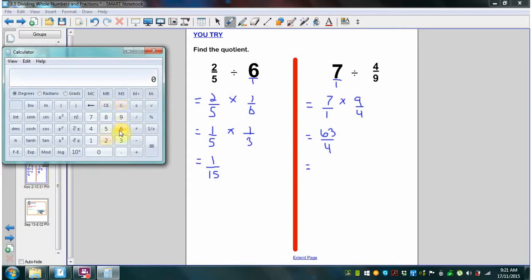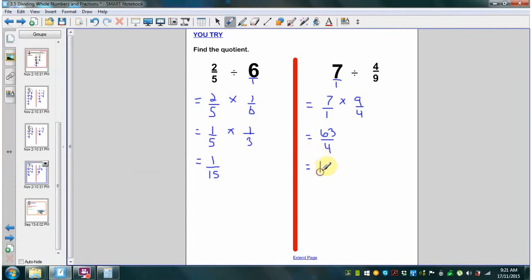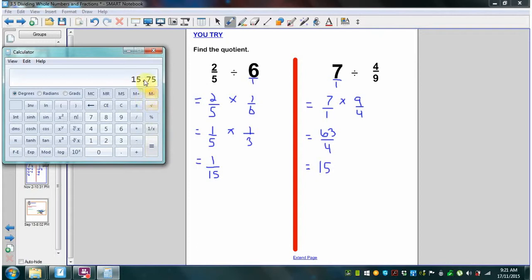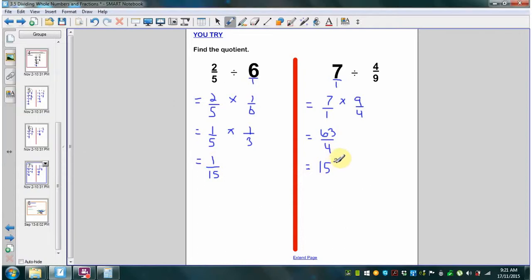Okay, so I'm going to say 63 divided by 4. So 15. Okay, so there's 15 and some left over. Okay, so let's see what 15 times 4 is. 15 times 4 equals 60. Okay, so there's 3 left over from 63, and I keep my denominator.